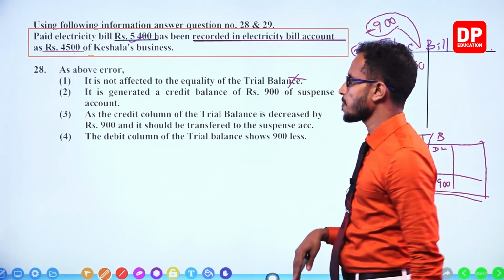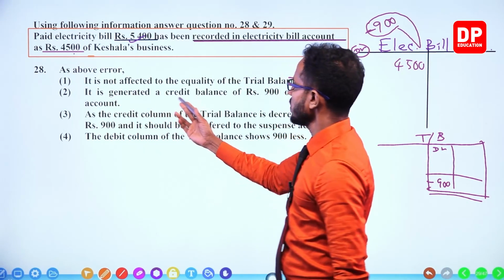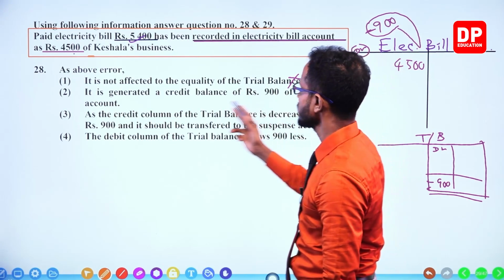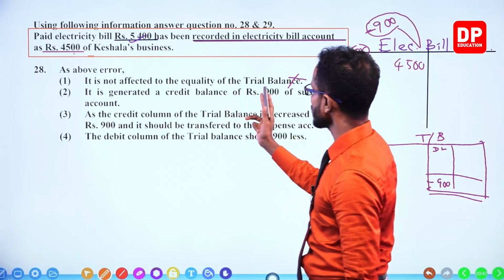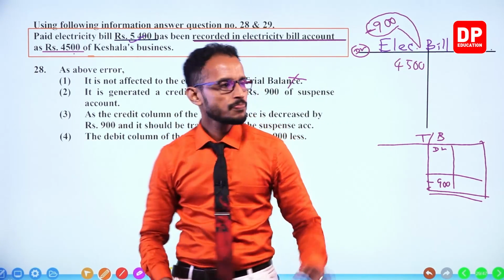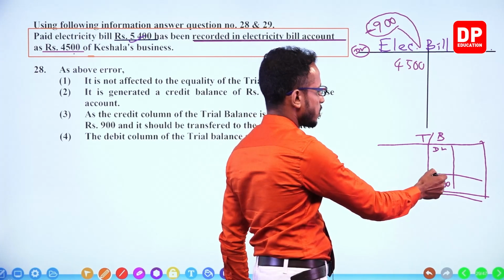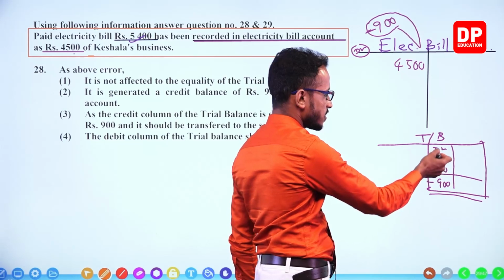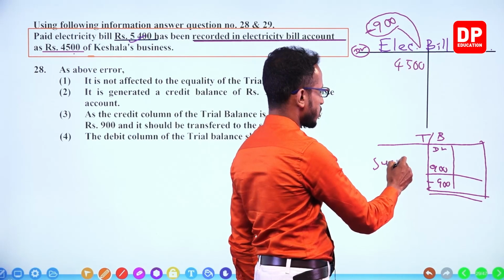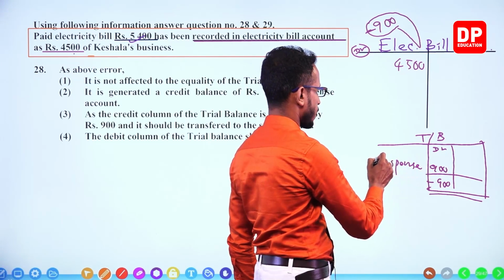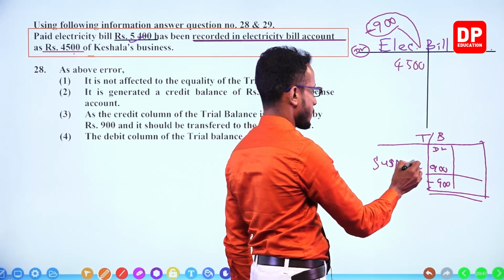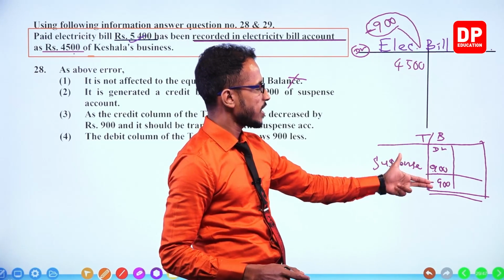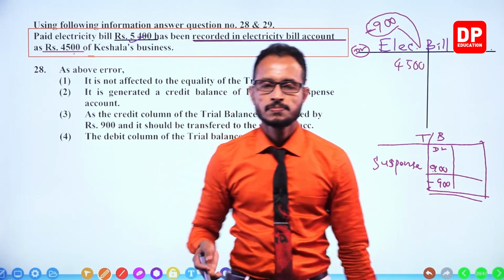It affects. It generates a credit balance of 900 in the suspense account? No. It generates a debit balance. Because it is less in the debit side, 900 should be entered to the suspense account in the debit side because the debit side is lesser in the trial balance.